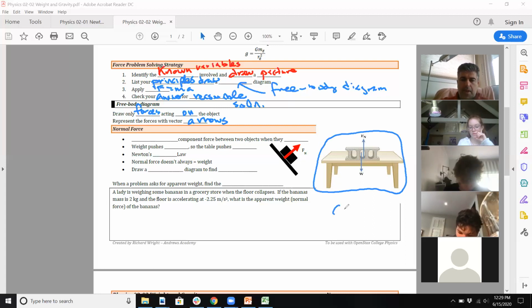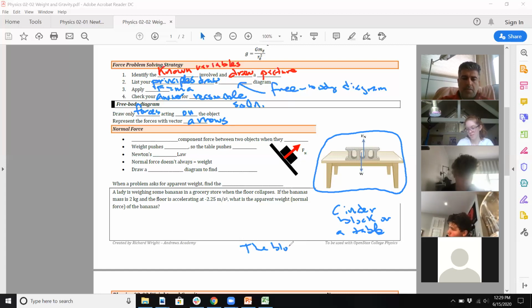You have like a cinder block on a table. So what's happening is that the block has weight, force due to gravity.